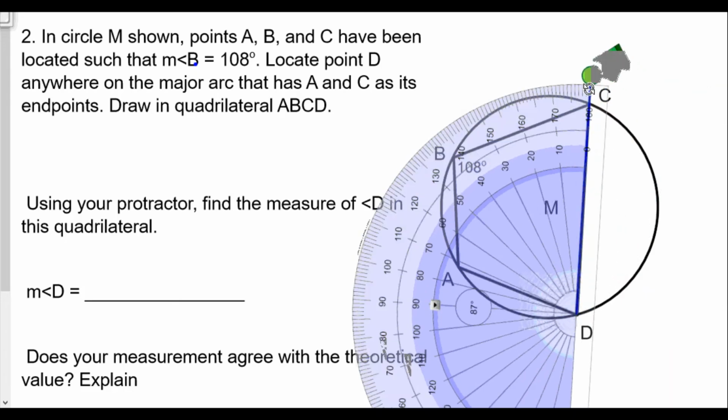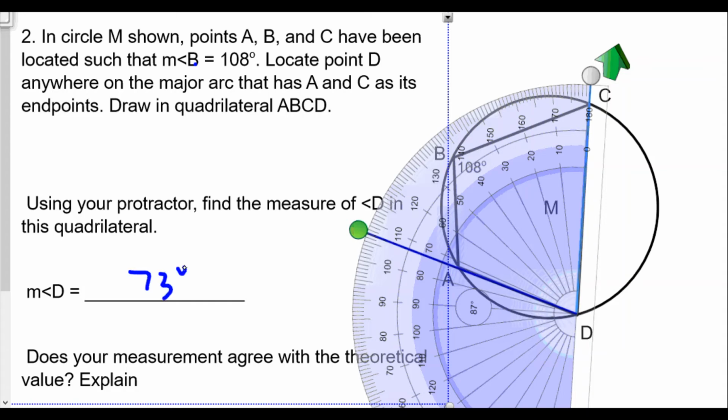Okay, so now we're going to measure angle D. So angle D is going to go this way. And we're going to see in this case that it says about 73 degrees, but it should be 72. So in this case, we're going to put in here the measure of angle D we found to be 73 degrees. However, does the measurement agree with the theoretical value of what it should be?